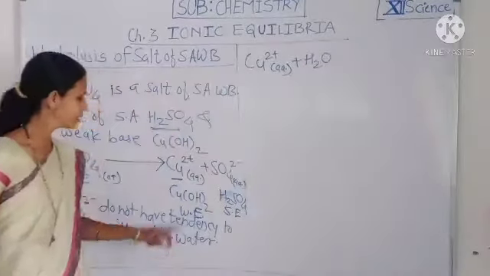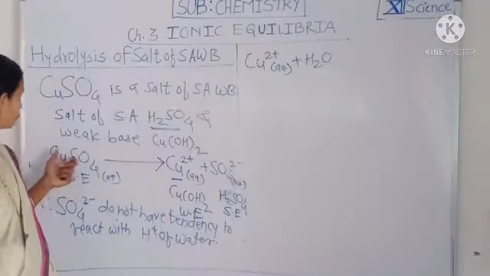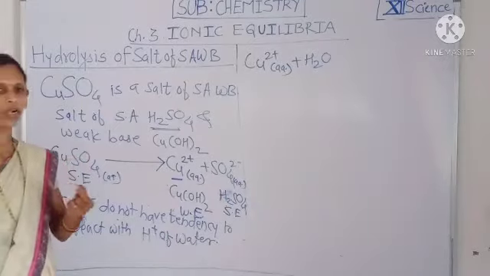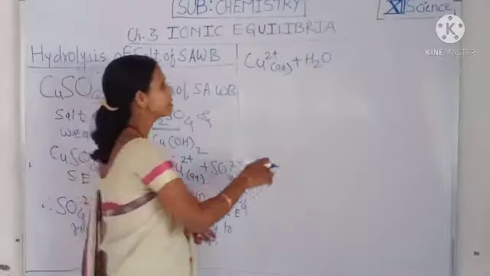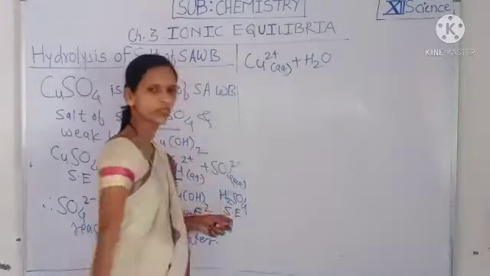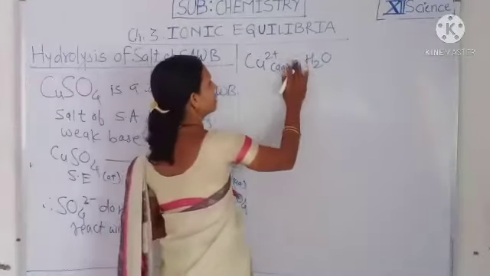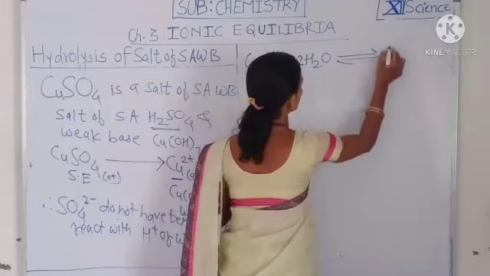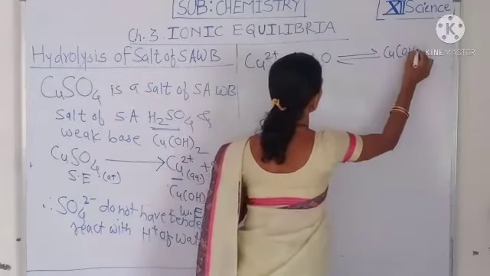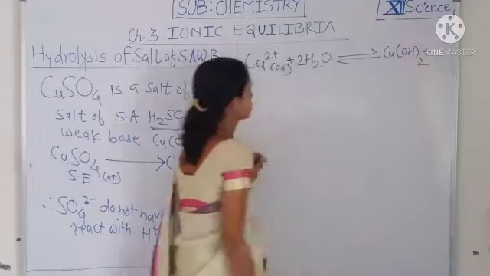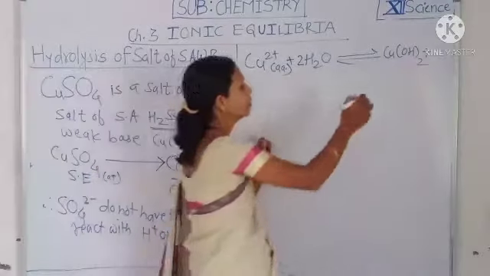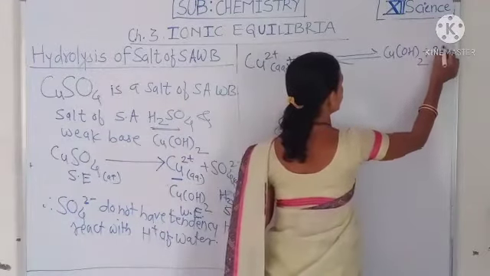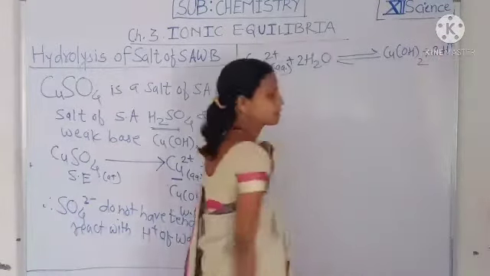That means the cation of the CuSO4 salt has a tendency to interact with water and it gives Cu(OH)2, with the formation of H plus ions.